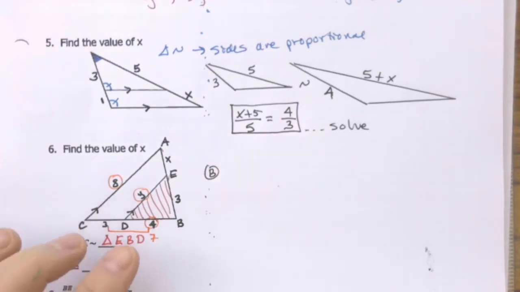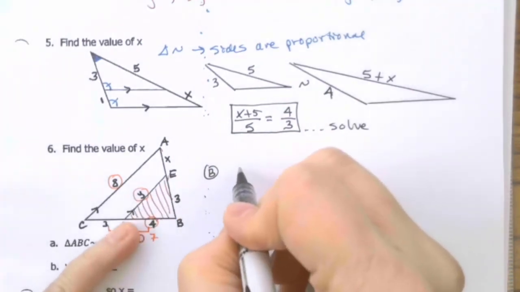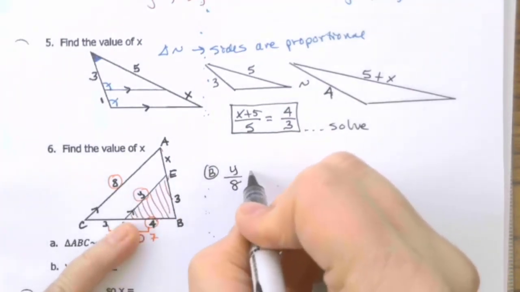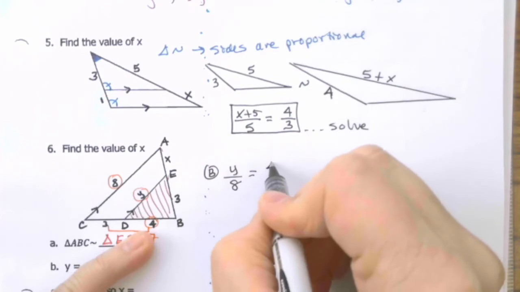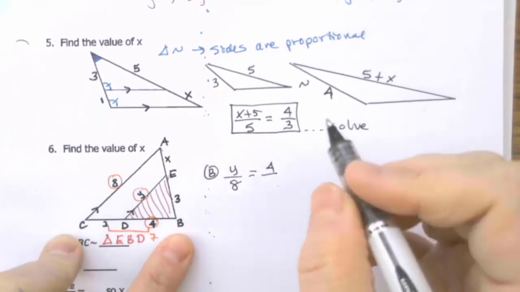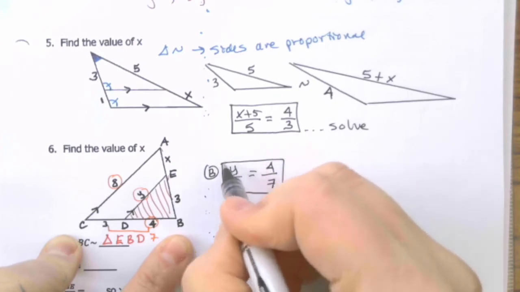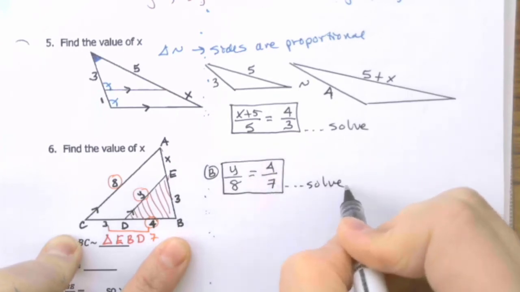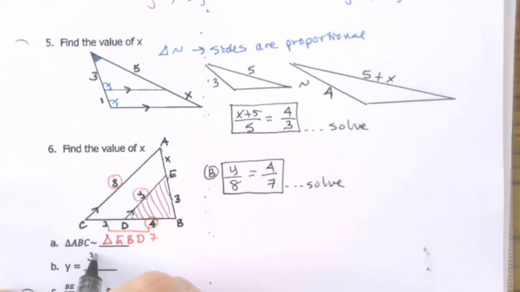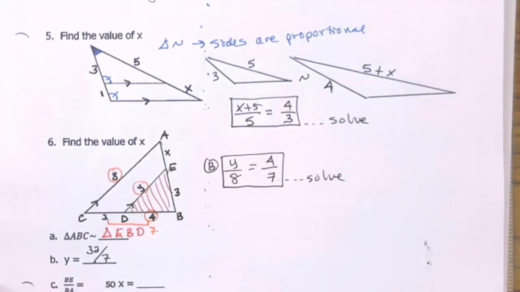So we do have corresponding sides. Let's make the equation. I'm going to go small over big. So y over 8 equals small, which is 4, over big side, which is 7. That will give us something to solve. It ends up being 32 over 7 for the y.